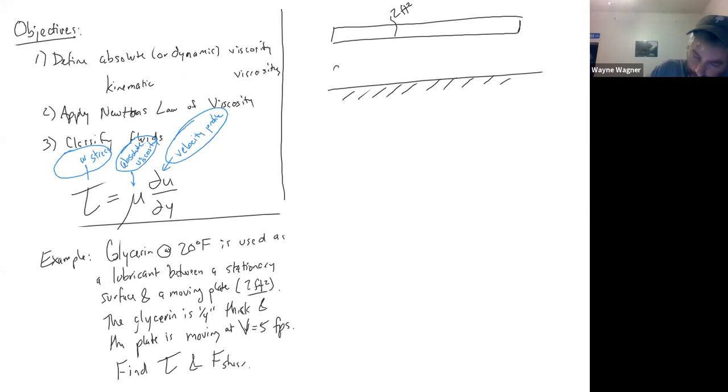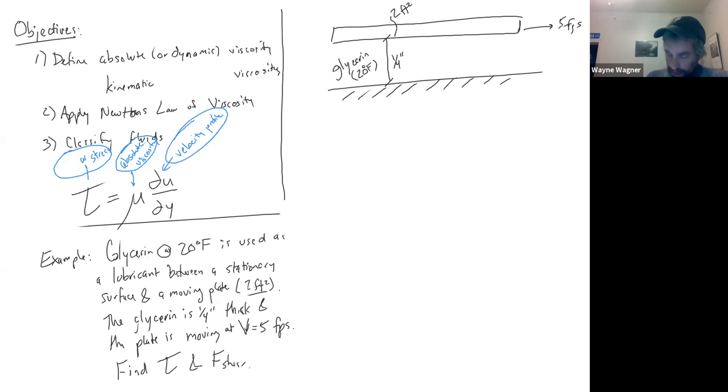This is glycerin between these two because it's being used as a lubricant. It's 1/4 of an inch thick, and the plate is moving at V equals 5 feet per second. Find tau and F shear.